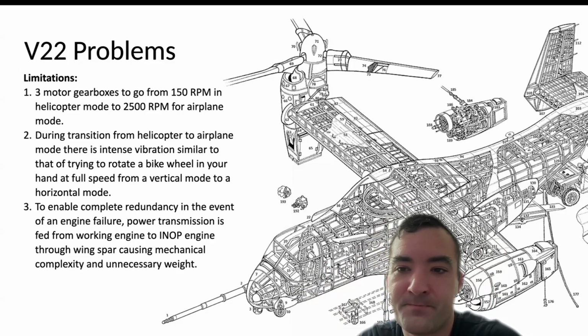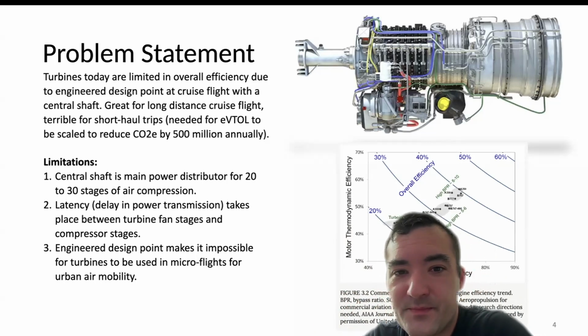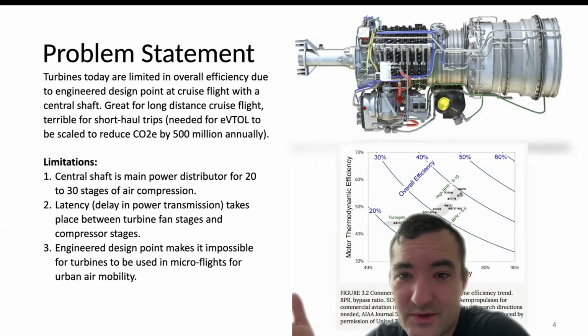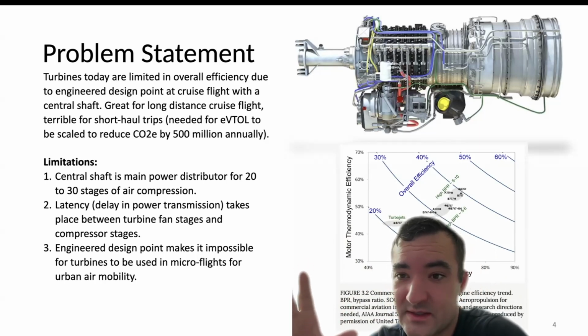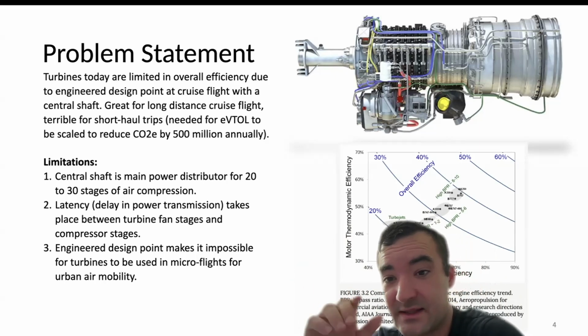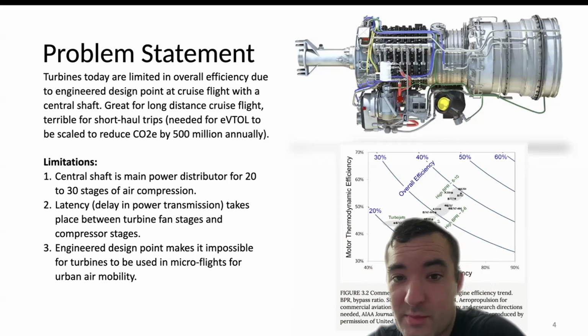redundancy. So this is the Rolls-Royce engine. I've copy pasted it here. It's very similar to any other jet engine that we've been discussing. There's a central shaft that holds these fan stages during operation, and every single fan stage that's attached to that central shaft has a designated RPM.